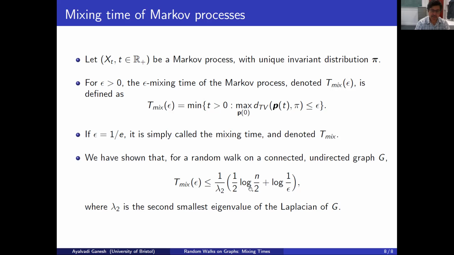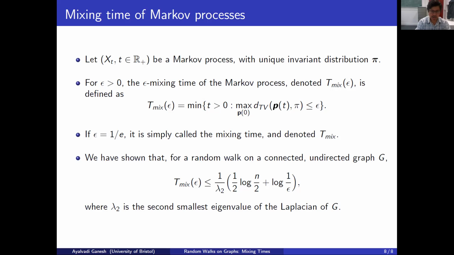In addition, it grows with the size of the problem, but slowly, and it grows with how close you want to get, but again, slowly. And this is the main result of this part of the talk. So this is the main thing regarding random walks.